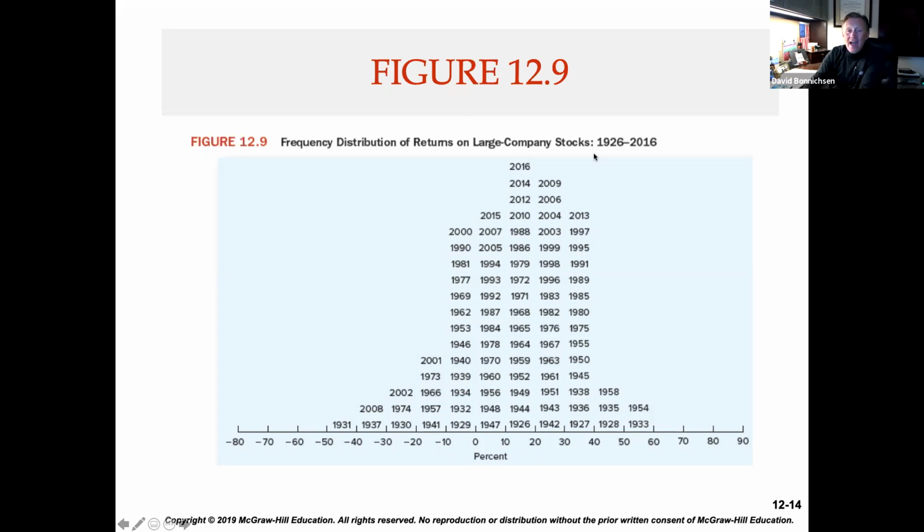We can see that the vast majority of the returns within the market fell between minus 10% and a positive 30 to 40%. So the bulk of the returns that have occurred within the market from 1926 to 2016 fell within that range of negative 10% to positive 40%.